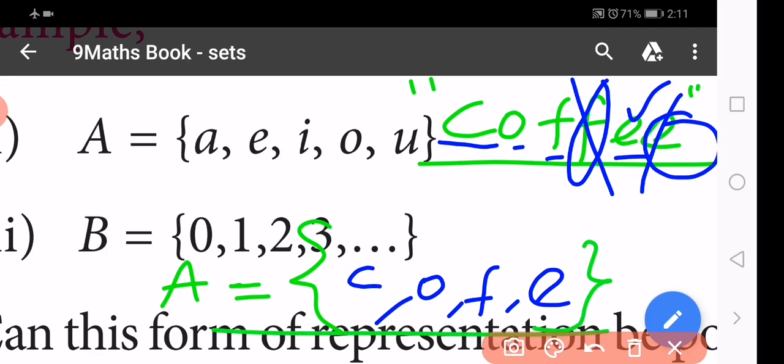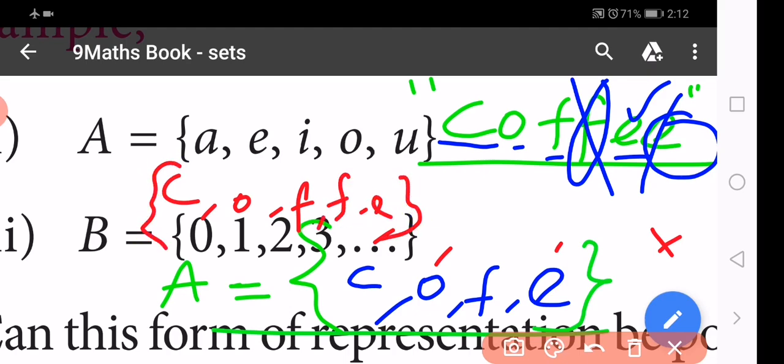So do you understand? Suppose, what are the invalid ones in this method? Suppose you write C O E, so it is wrong. Suppose you use C O F F E, so it is also wrong, because F is listed twice.